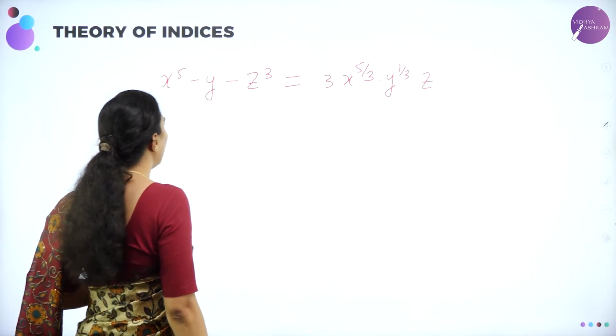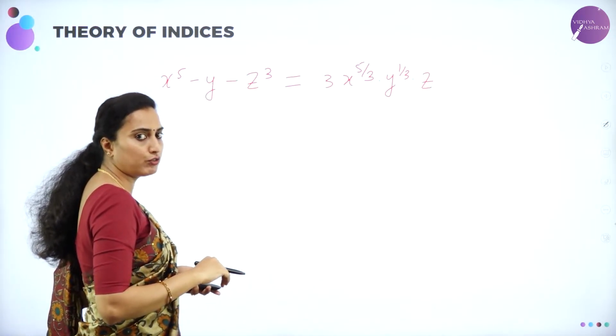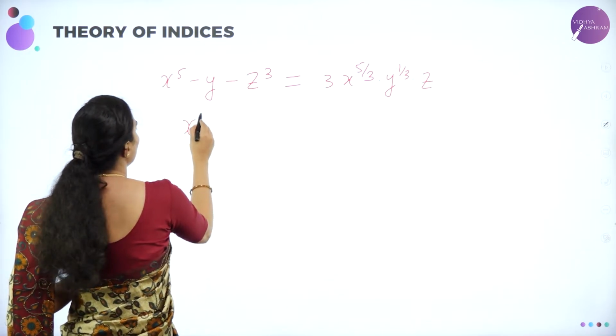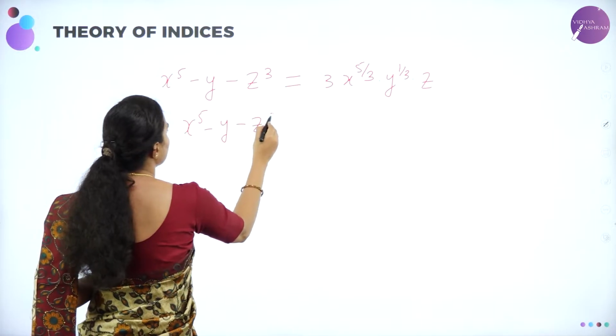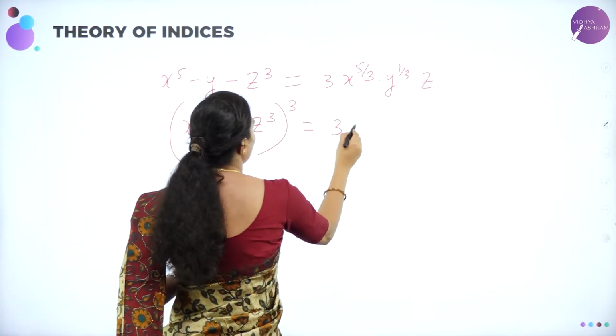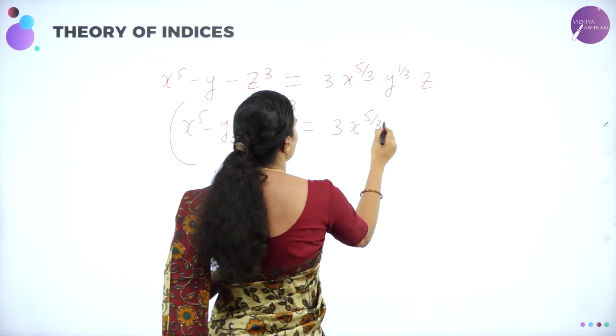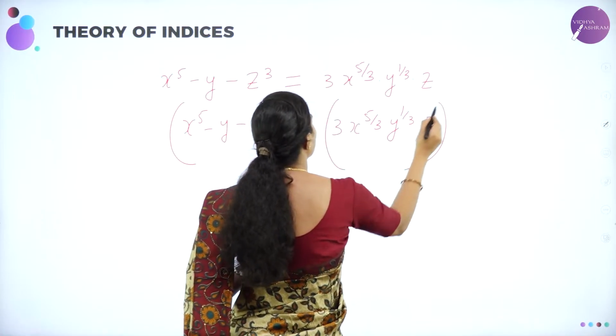Now what I need to do, I want this whole cube, means raising power 3 on both sides. So what it will become? Cubing on both sides, x power 5 minus y minus z whole cube will be equal to 3 x to the power of 5 by 3 y to the power of 1 by 3 z whole cube.